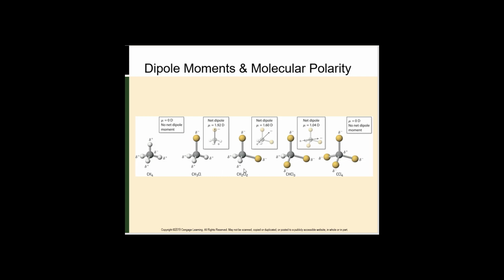But then if we look at these other 3 examples, they are also tetrahedral, but notice that we have our central atom and some different atoms around it. Like here I've got 2 H's and 2 Cl's. These are polar because we can see the electronegativity for the hydrogen atoms is less than that for the chlorines.